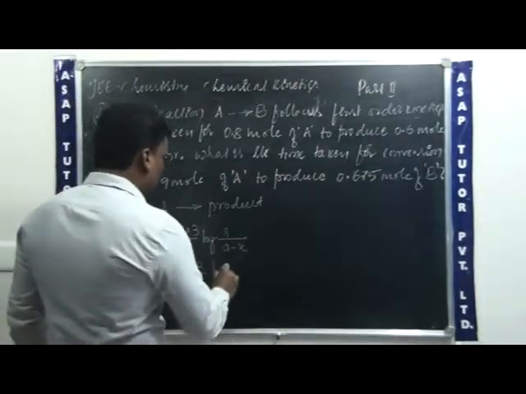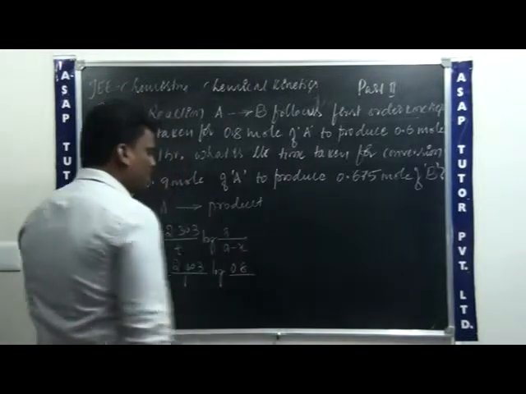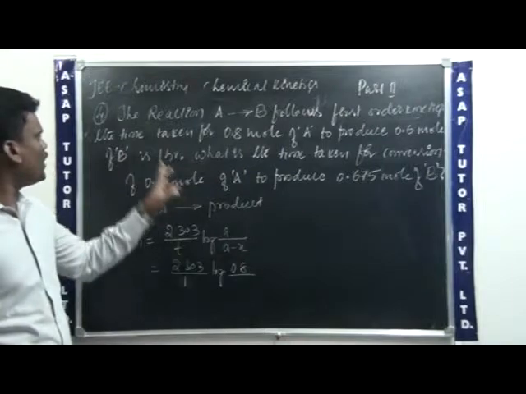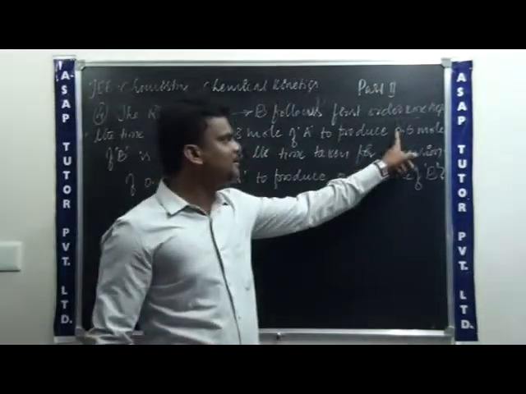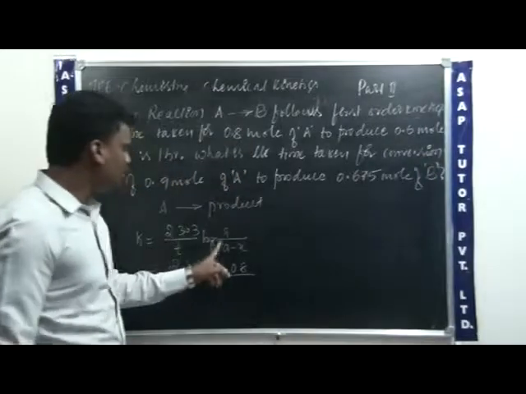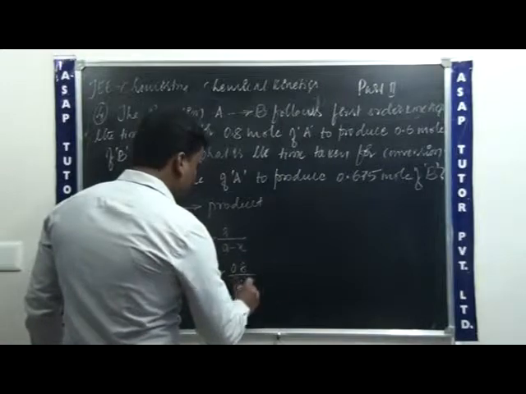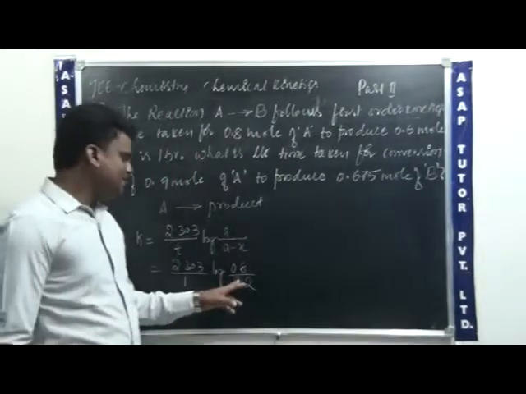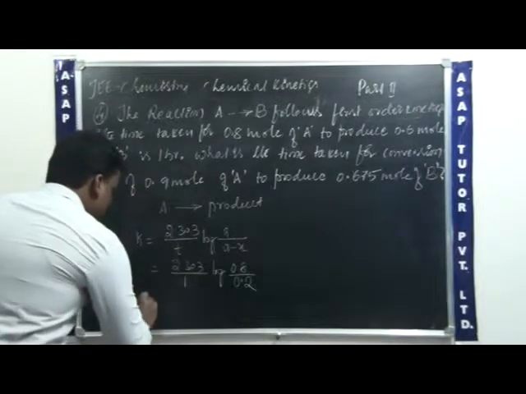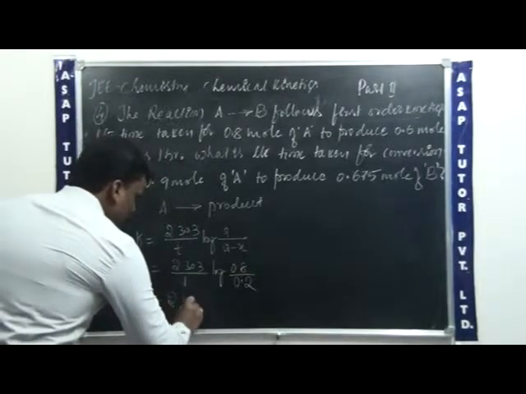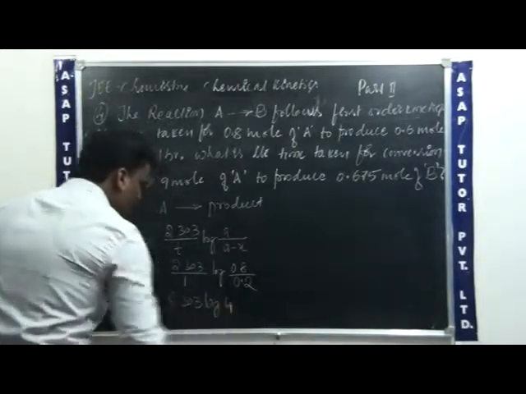So log of A, they gave 0.8, divided by A minus X. A is 0.8, then X is 0.6. What is the value now? 0.8 minus 0.6 becomes 0.2. So you can write it as 8 by 2, which becomes 4. Therefore, K is equal to 2.303 into log 4. So this is the value for K.